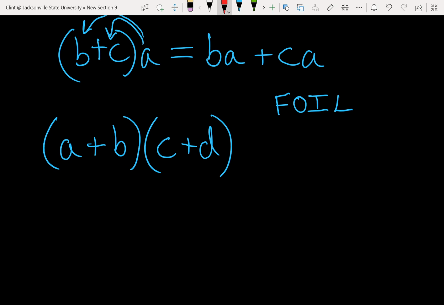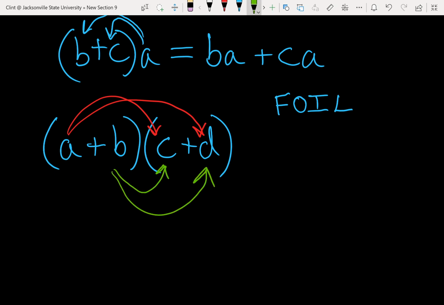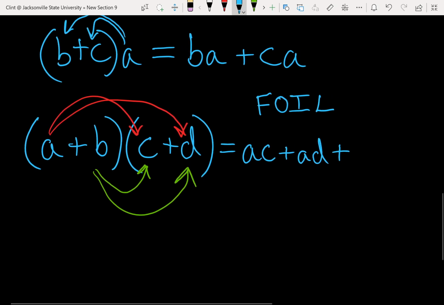So when we multiply, take the a times the c and the a times the d as first and outer. And then we would take the b times the c and b times d, inner and last. So what we end up with is four terms: ac plus ad plus bc plus bd.